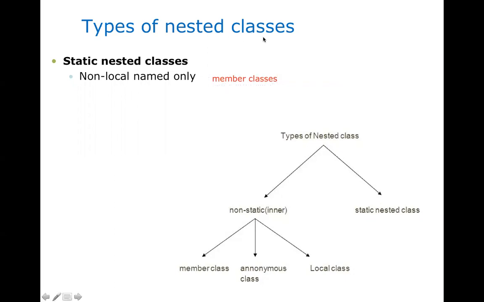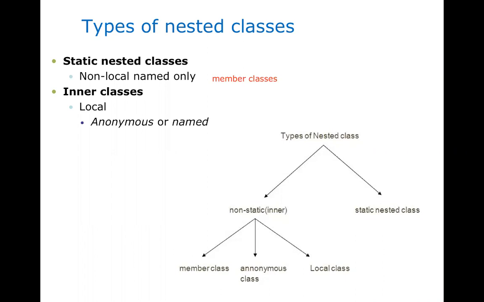Then we have inner classes, and inner classes are of three kinds. We have local classes. That means inner classes can be defined as part of a method as well. A local class is a class which is defined inside a method of the outer class.